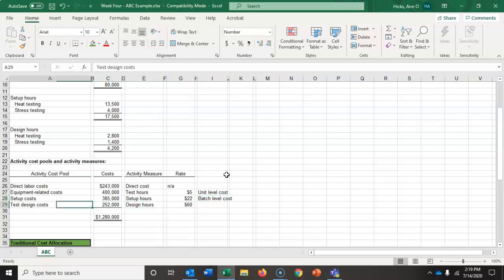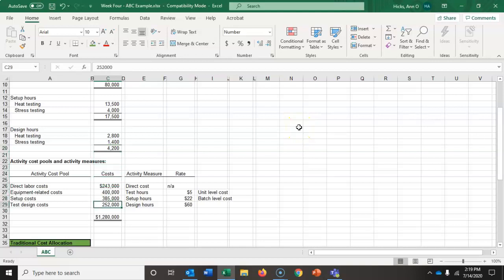Then the last level of cost, or the last category, is the costs incurred in designing the test. And we've identified $252,000 related to that. We have again determined we can actually calculate the number of hours that are spent designing tests. So let's allocate these costs based on those hours. And you will see up here among the data the hours for design for both heat testing, stress testing, and then total.